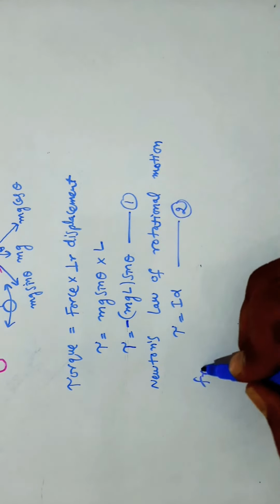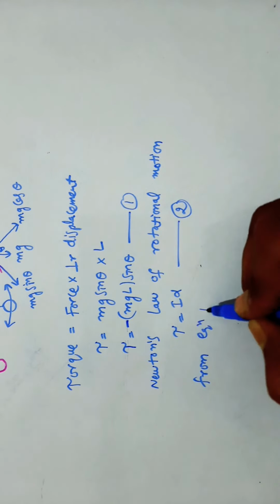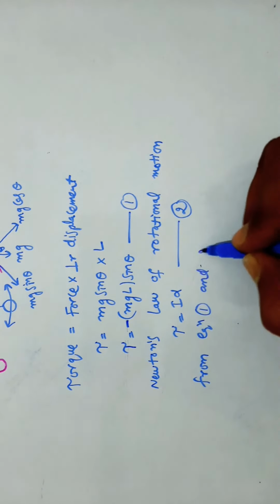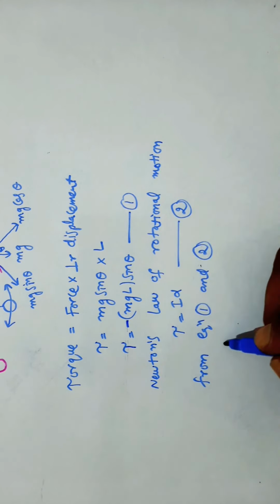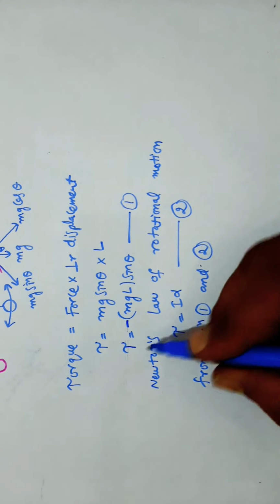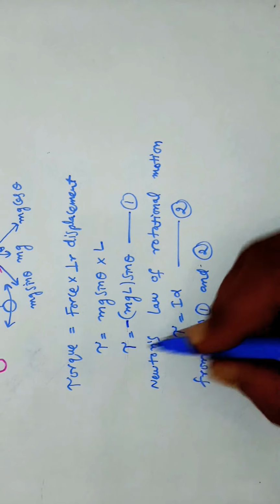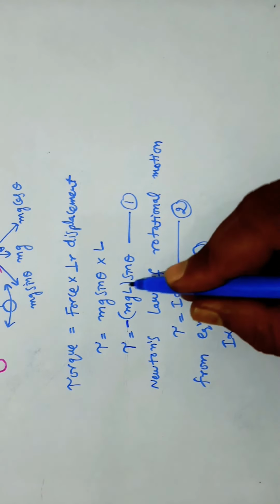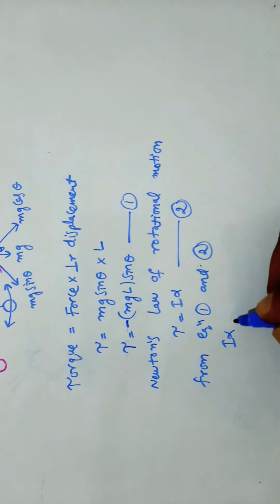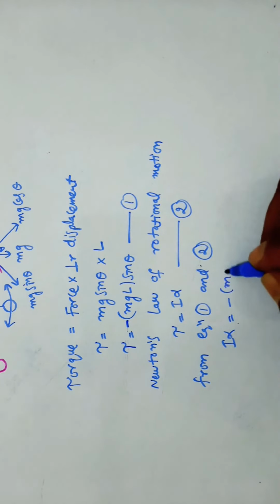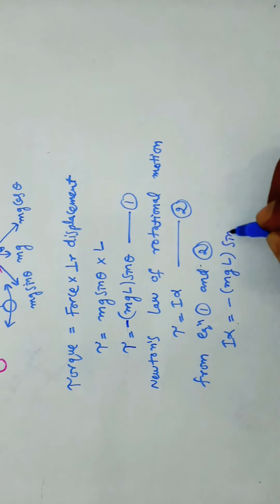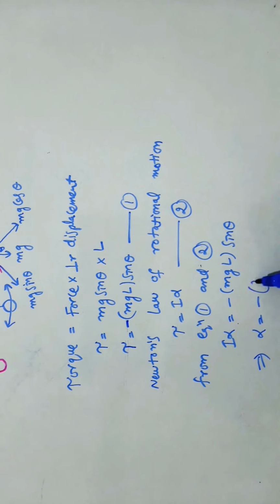From equation 1 and 2, we can write I alpha, LHS sides are equal, so RHS sides are equal. So here I alpha is equal to minus mgl sin theta. From this, alpha is equal to minus mgl by I into sin theta.